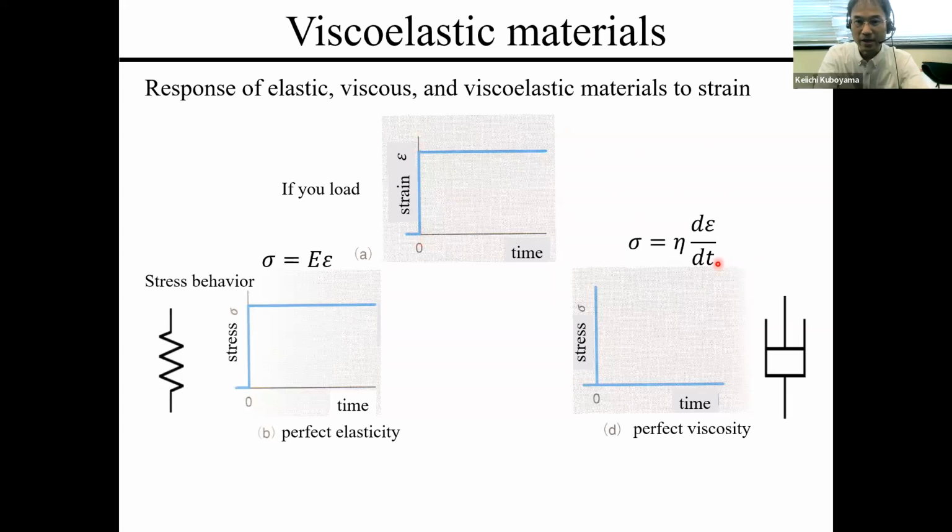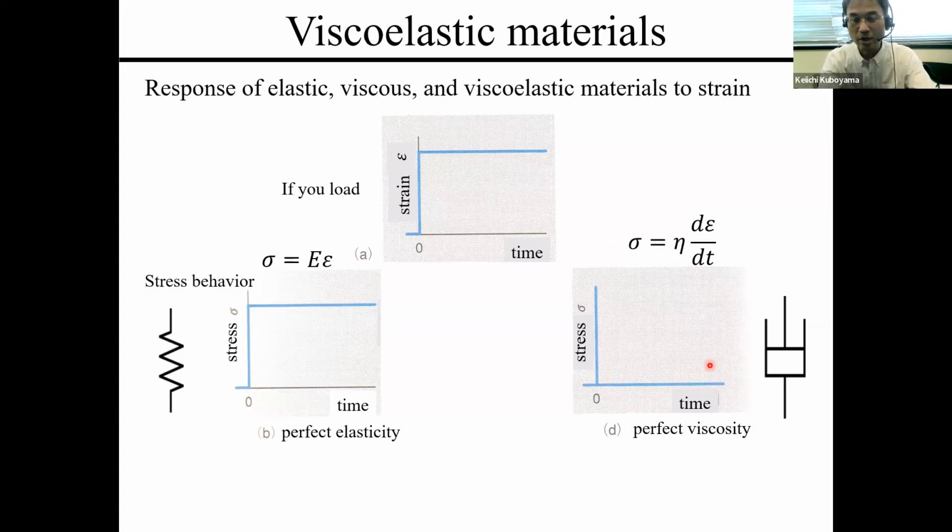Ideally it becomes infinity, but in the real case it doesn't reach infinity, but becomes a very large stress. And after that, the strain is constant, so the stress becomes zero. This is the case of a perfectly viscous material.